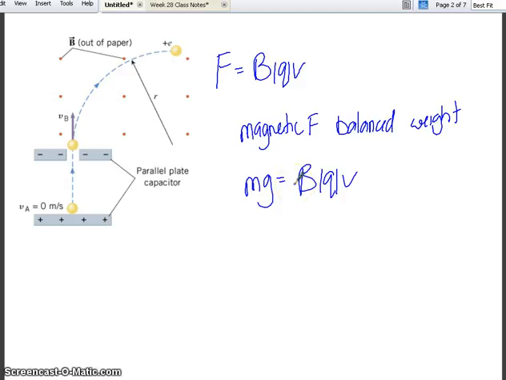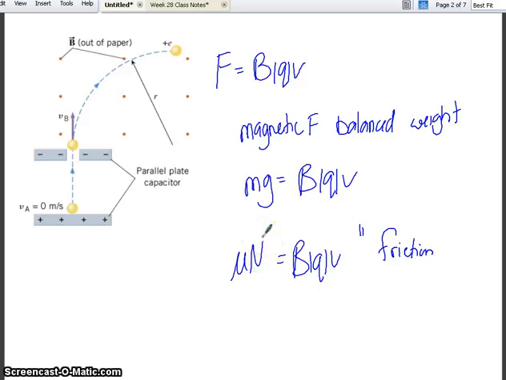Or it could say it's balanced by friction. I'm not sure I've ever seen that one, but I'm making it up just to show you the point. So it would be BQV equals mu times N. All the things we learned in mechanics we can apply here. This is just one of many forces that we have learned about now.